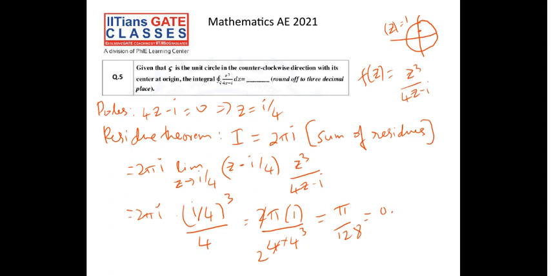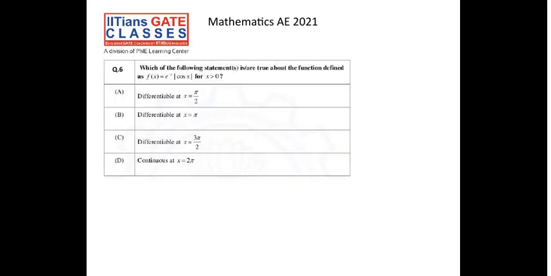Cancelling 1 to over here, we are going to get pi divided by 128. So the final value comes to 0.024. This is the right answer. Let's move on to the next question.